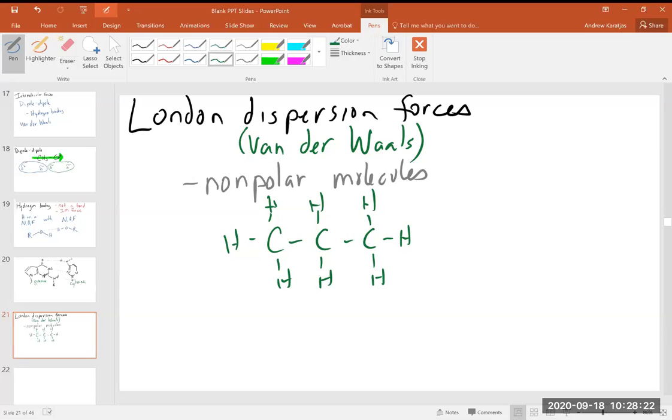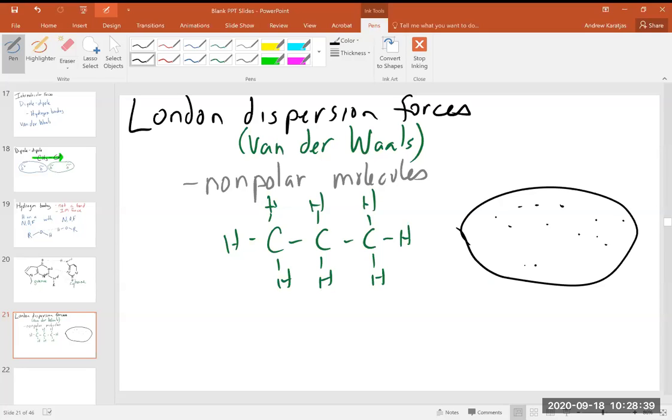But what happens is that electrons are always in motion. And they're pretty much randomly distributed throughout the molecule. But there might be some point where more of them are on one side of the molecule than the other. And that's what we're picturing here. And so in this case, we end up with a temporary dipole.